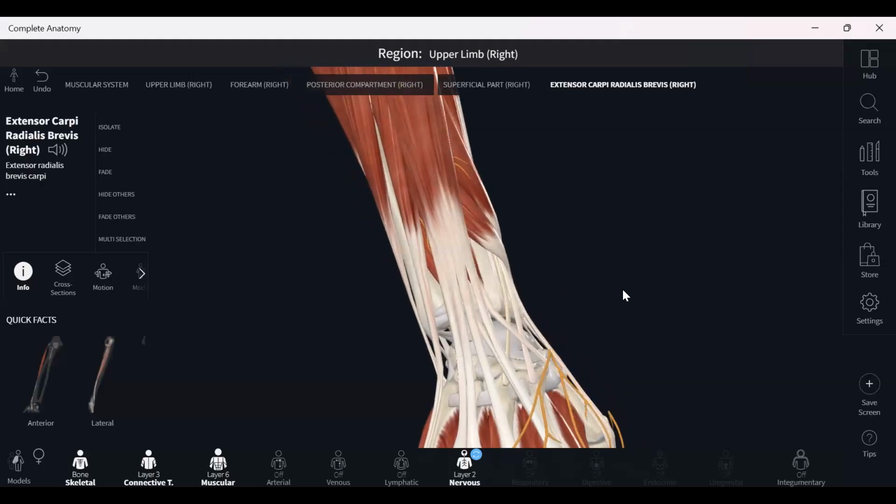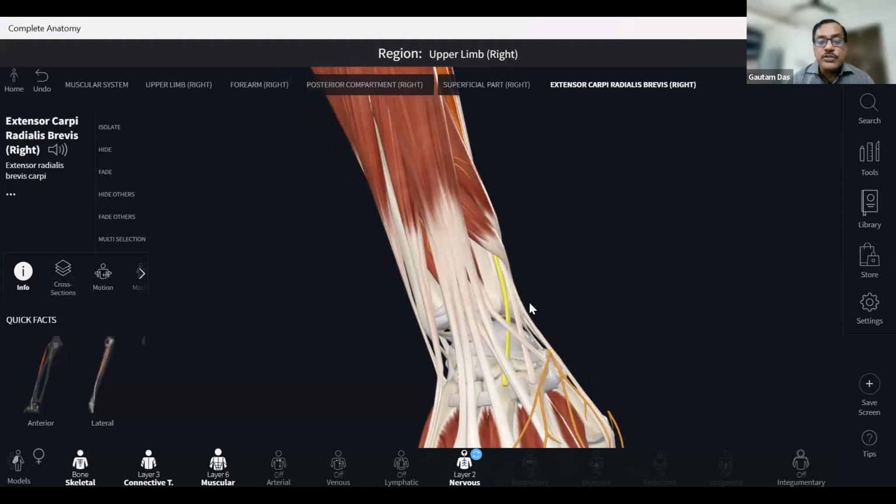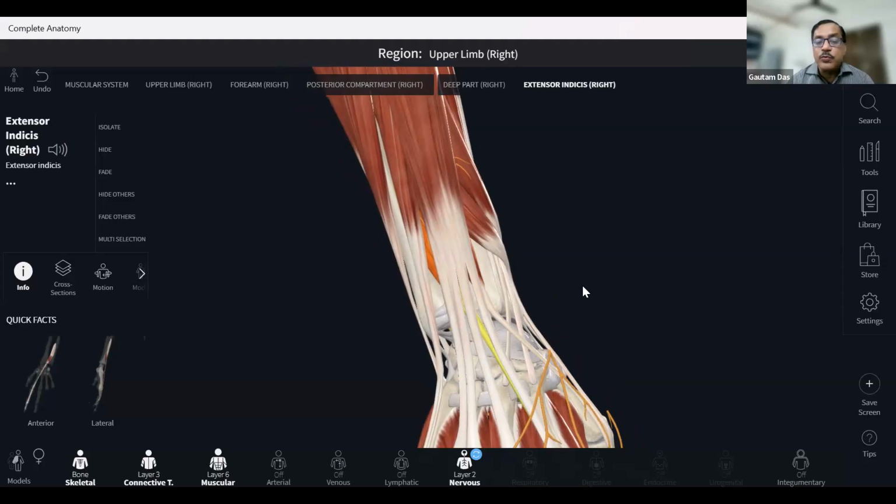Apart from that, another thing I was telling you, this was your fourth compartment tendon, the third compartment tendon. Fourth compartment tendons are 2. One is extensor digitorum, this is extensor digitorum, and below that extensor indicis. Extensor indicis and one of the tendons of extensor digitorum are together going to supply the index finger. So this will be coming in between these tendons, which you'll be able to identify.